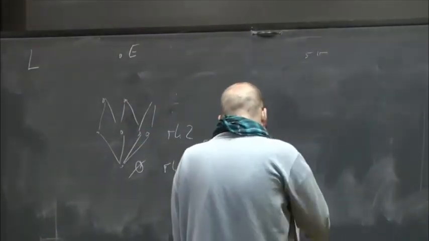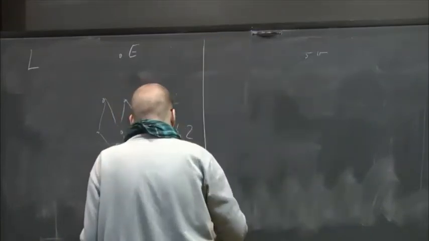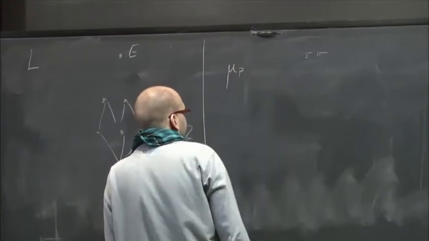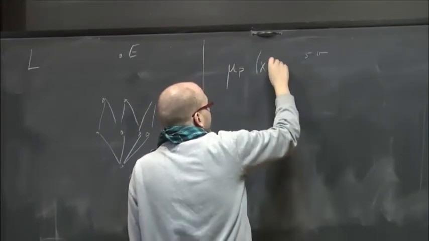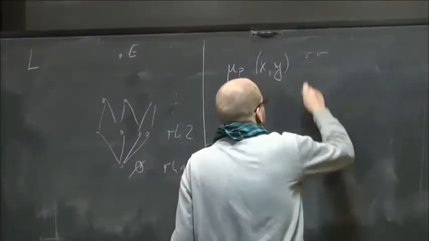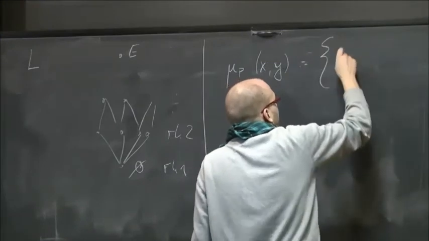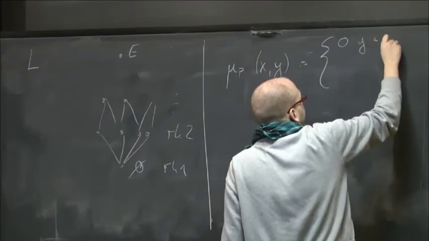Once we have this nice ranking, we can define a second ingredient. If we have a poset, then we can define its Möbius function. The Möbius function of the poset is always evaluated at two elements, and the definition is recursive as follows. It's 0 if y is less than x.